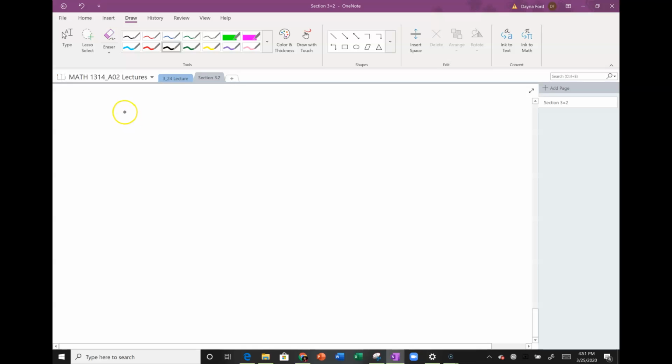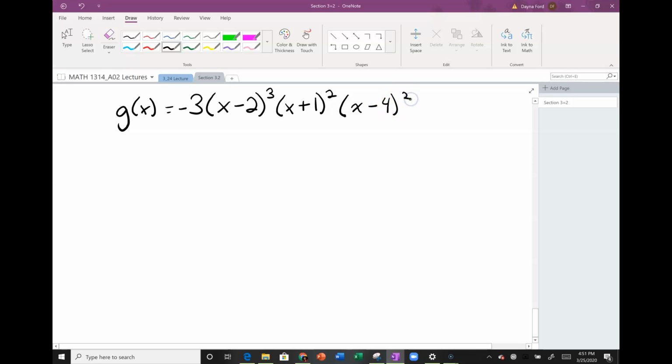So let's just look at if I have g of x is equal to negative 3 times x minus 2 to the third times x plus 1 squared times x minus 4 squared.